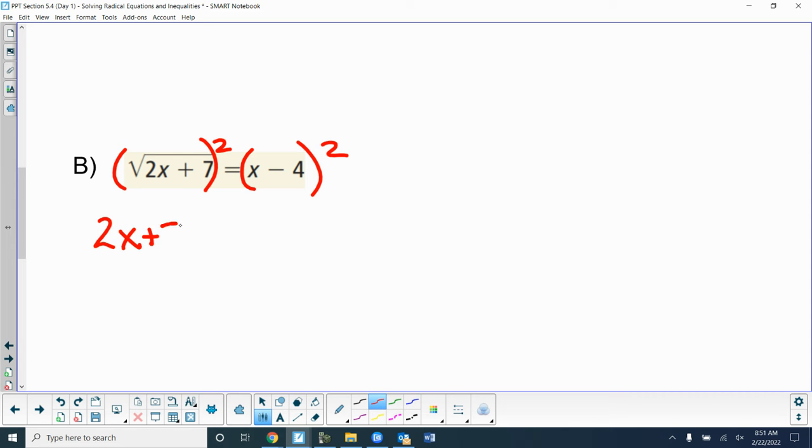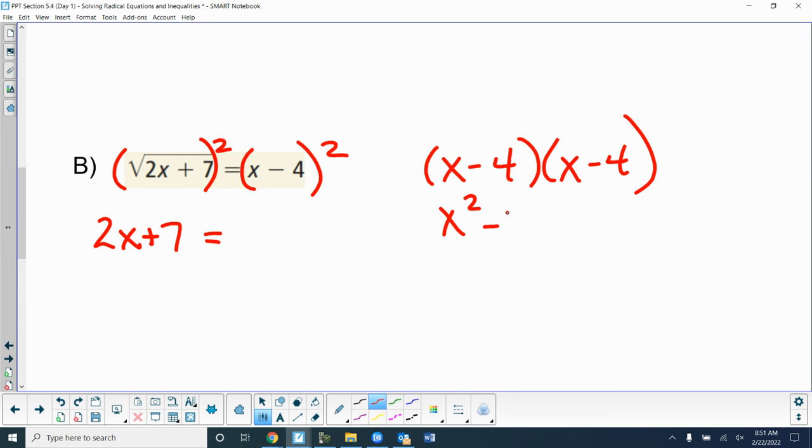2x plus 7. All right, remember, this means x minus 4 times x minus 4. First, outside, inside, last, gives us that. Now what are we going to do? William, what am I going to do? I don't know.